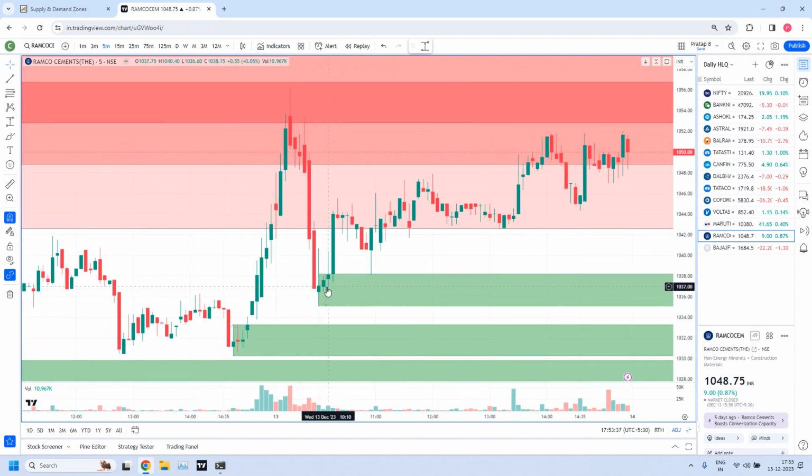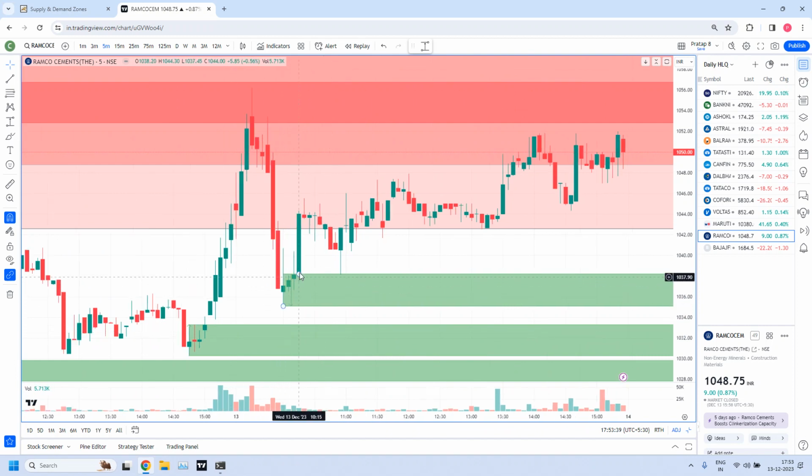Because the market is dynamic, the moment a new 15-minute zone was created, we changed our target, and the revised target was reached. From this entry till this revised target, we got a profit of 12,622 rupees, which is 7.99% return on the investment as per one futures lot.